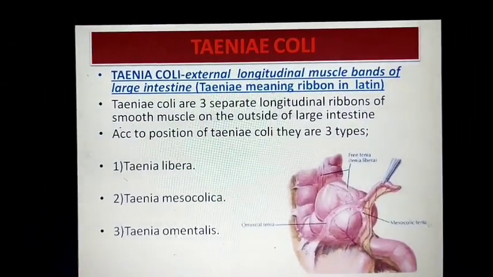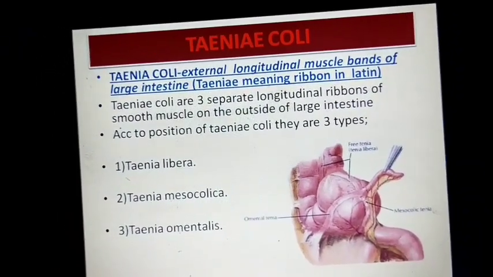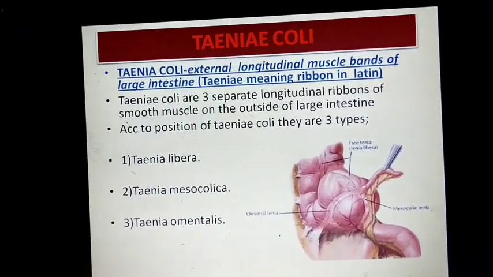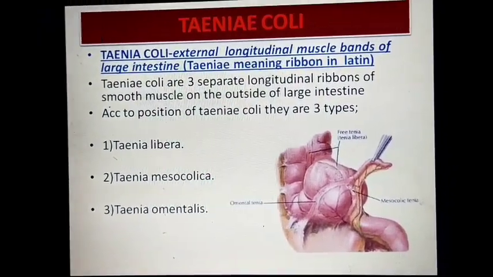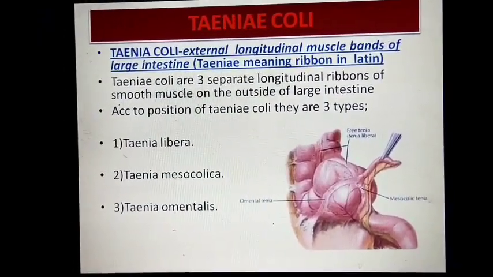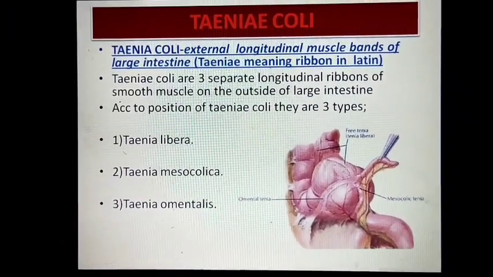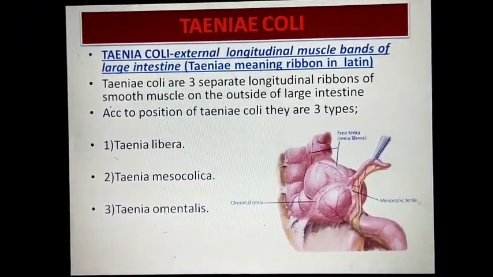Tinea coli are external longitudinal muscle bands of the large intestine. Tinea means ribbon or ribbon-like band in Latin. Tinea coli are three separate longitudinal ribbons of smooth muscle on the outside of the large intestine. According to their position, they are three types.